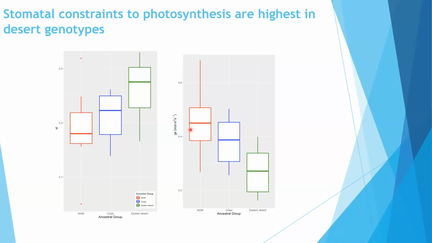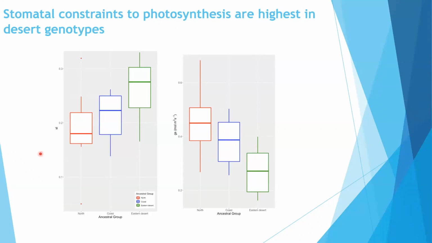But in a wet environment, there's plenty of water available. They want to keep their stomata really open so they can maximize how much carbon goes into those pores for photosynthesis so they can grow. And we saw, again, a nice trend here. In drier environments, stomatal conductance is much, much lower than in other environments. This is an adaptive signal.